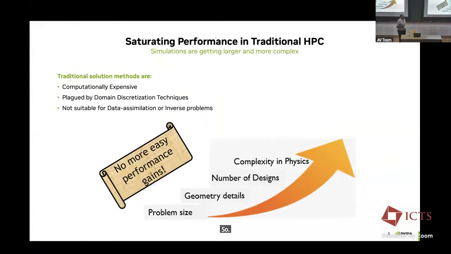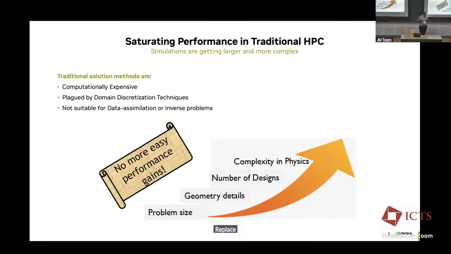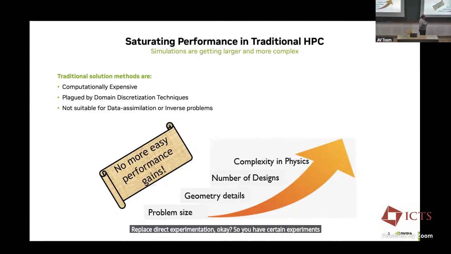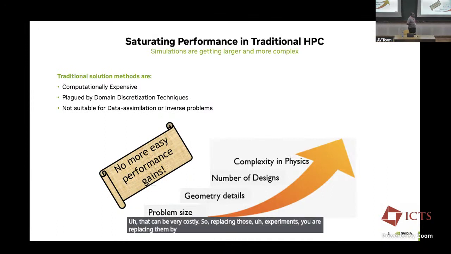So in traditional NWP or traditional HPC, you always use simulations. Now simulations were developed to replace direct experimentation, okay? You have certain experiments that can be very costly, so you replace those experiments with numerical simulations.